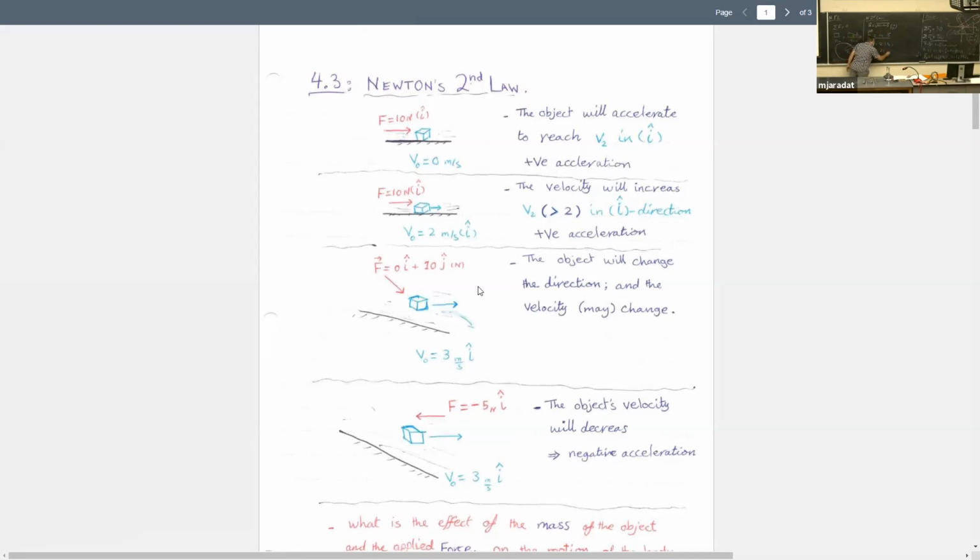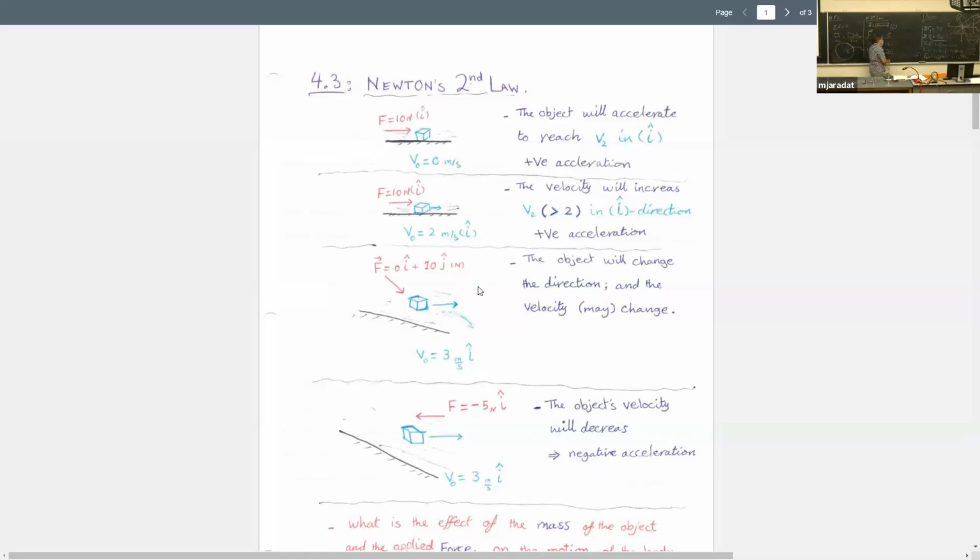How much is the acceleration now? 20. That means the accelerated body will move faster than the first one because the force is bigger than the first one. And the direction of this motion is the direction of that force.